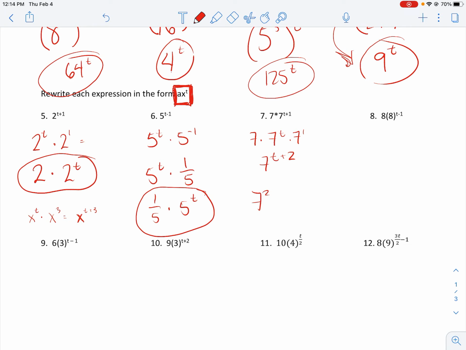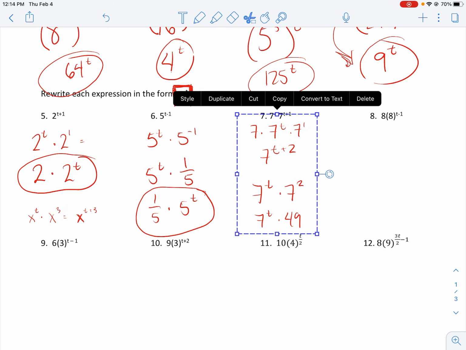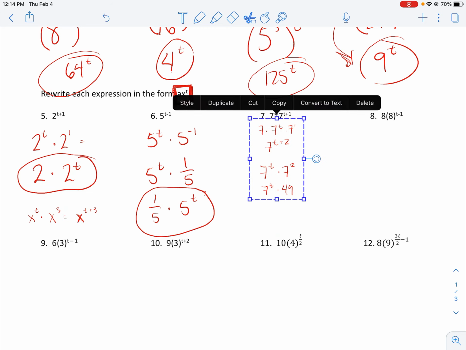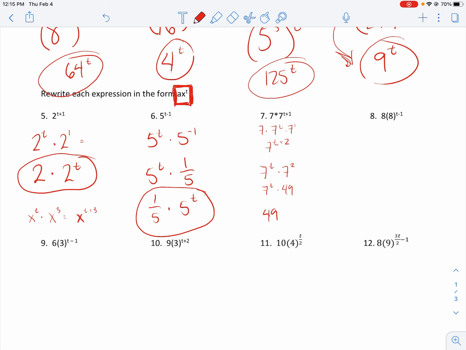I'm sorry, that's a 2, right? 7^t times 7 raised to the second power, which gives me 7^t times 49, and then move that to the front. And so we get 49 times 7^t.